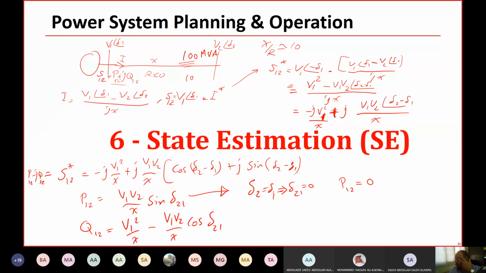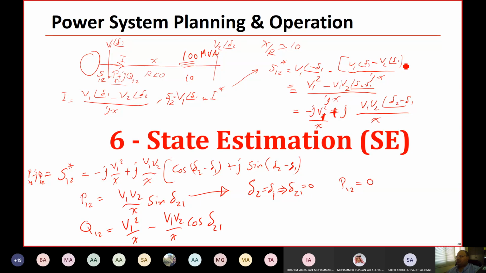Doctor, isn't it P12 minus V1 V2 over X? P12 should be down. We have to bring it from here. You have V1 minus V2 over 2jX, V1 times this conjugate, so we have S12.